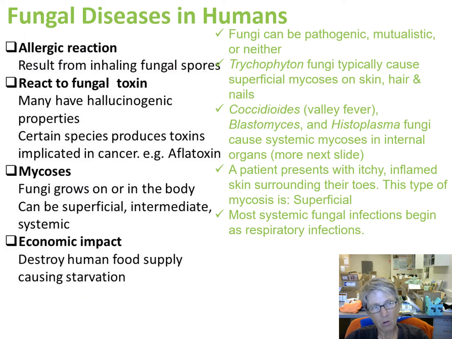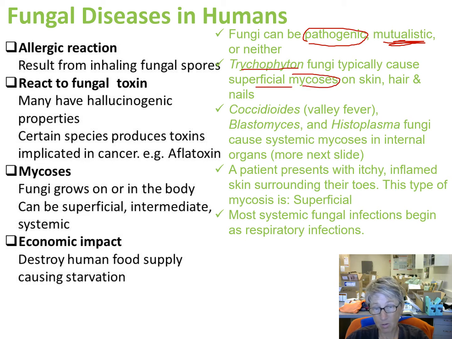So we mentioned earlier fungal diseases in humans. Fungi in general can be pathogenic. That means they can make us sick. They can be mutualistic, so they can kind of work together with whatever organism they're working with, or they can be neither. So this fungus called Trichophyton can cause a superficial mycosis.